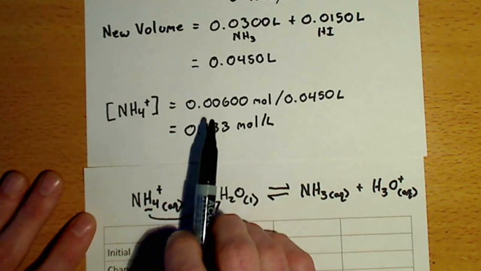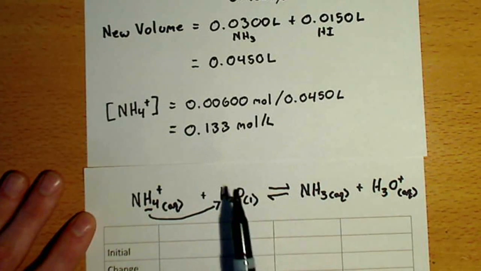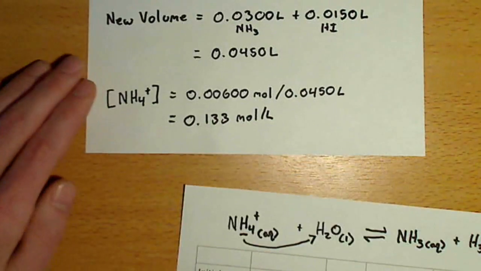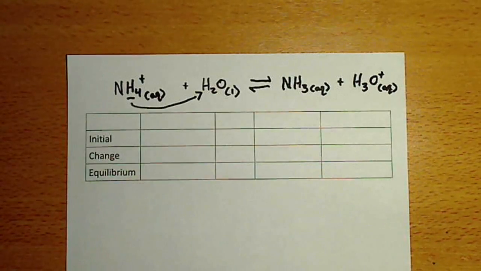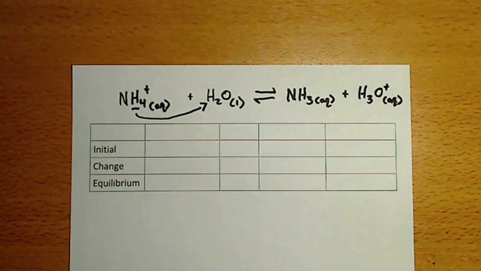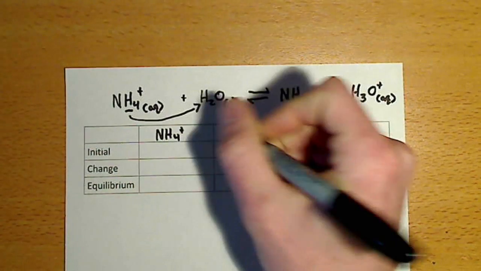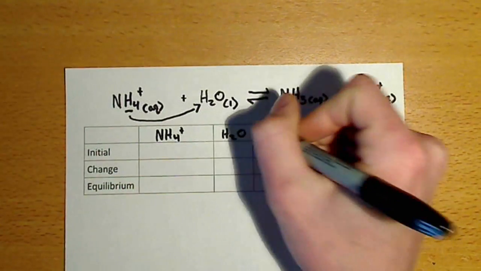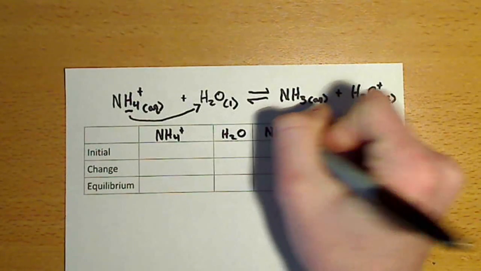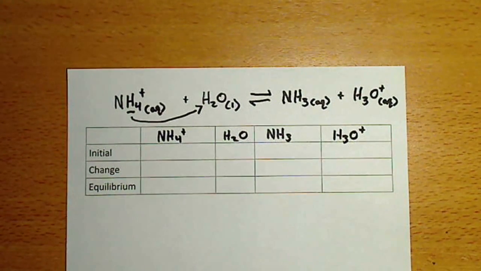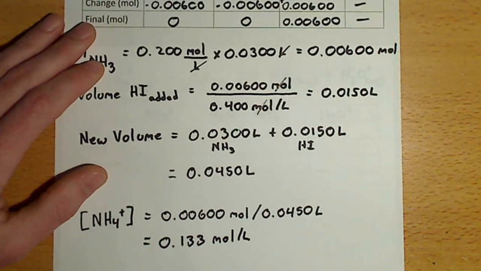We have the initial concentration of the ammonium ion we calculated. Water will be in excess, so let's fill in our ICE table and represent our change in concentration using X. Okay, now let's quickly look back to our first sheet where we solved for the concentration of the ammonium ion.